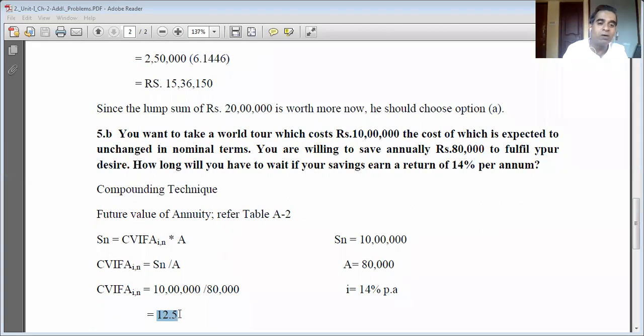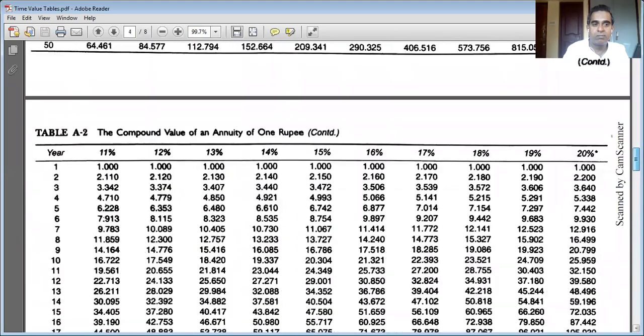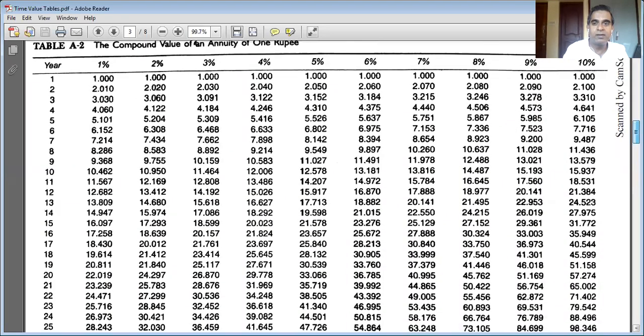I'll show you how. So let me share table A2. Okay, this is table A2.